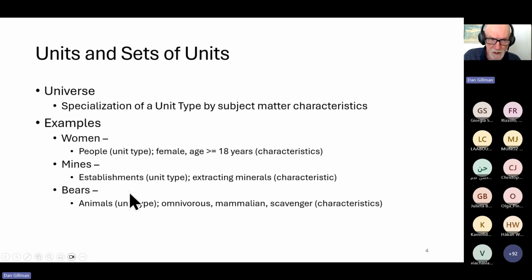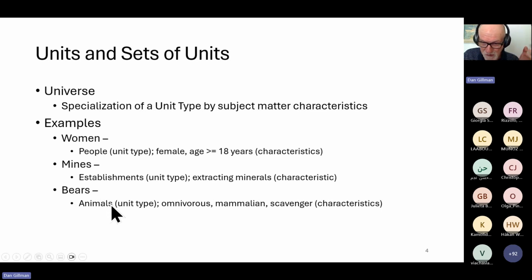If we go on, so getting a little bit more specialized, we have the idea of a universe. It is a specialization of unit type by subject matter characteristics. So women are people who are female and at least 18 years old. Mines are business establishments where minerals are extracted.